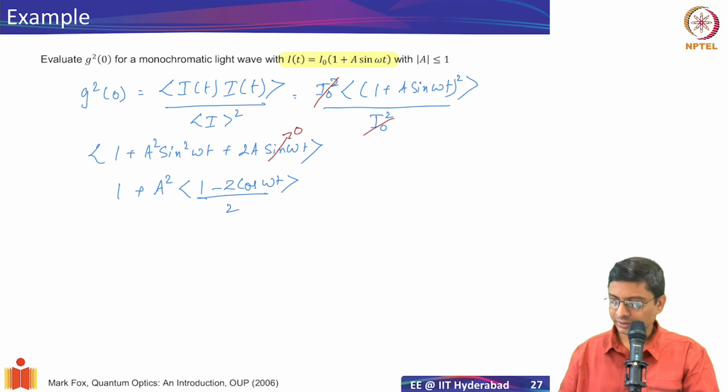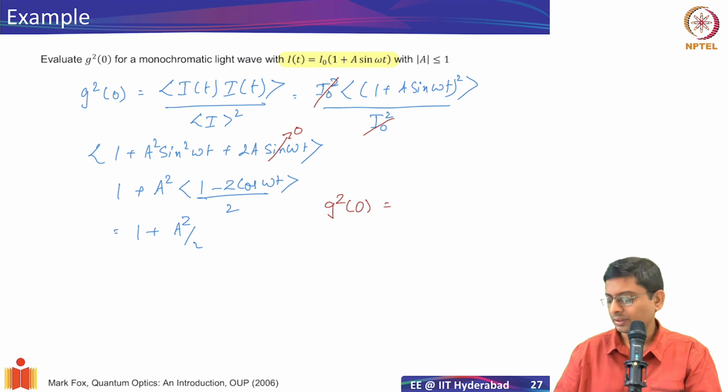So again the second term will go to 0, so that should be equal to 1 plus a square by 2. All right, if you have this, so my G2 of 0 now is going to be 1 plus a square by 2.